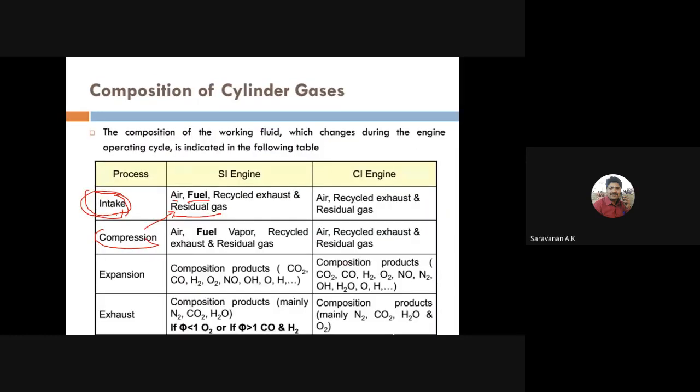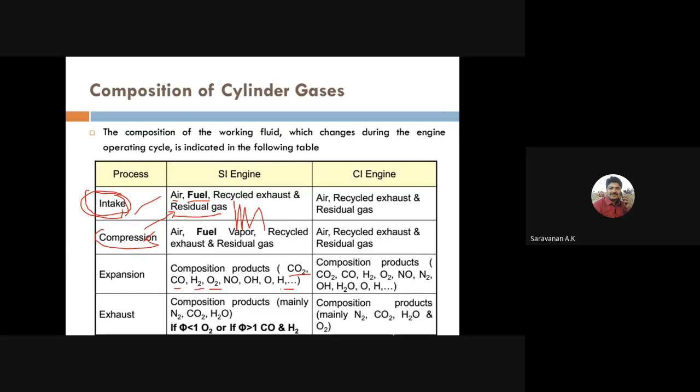So the intake and the compression are the same, right? After the burning, the composition may have some chemical changes. So we can get the combustion products: carbon dioxide, carbon monoxide, water vapor, hydrogen, nitrogen.